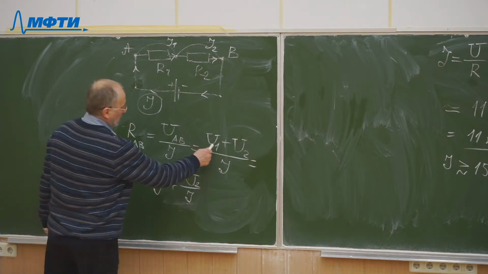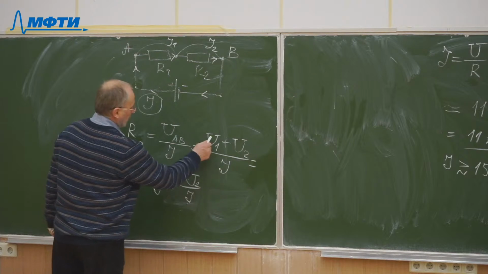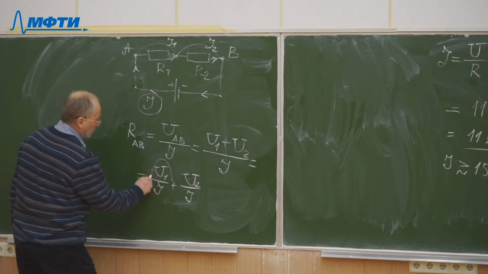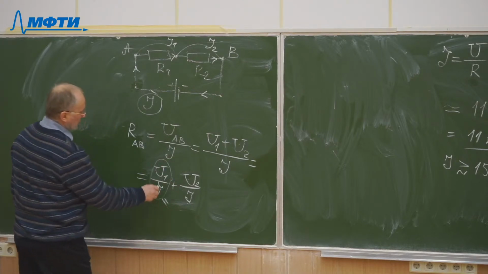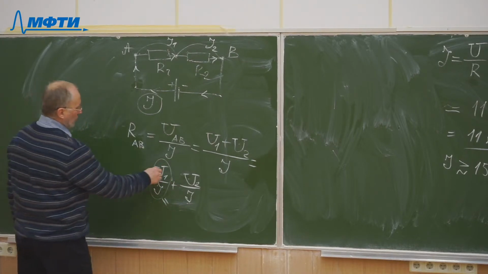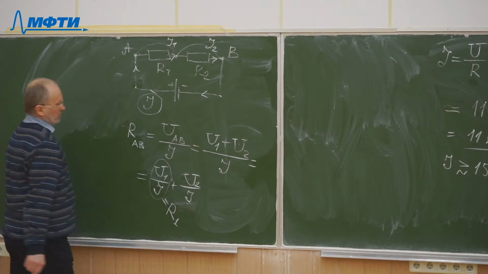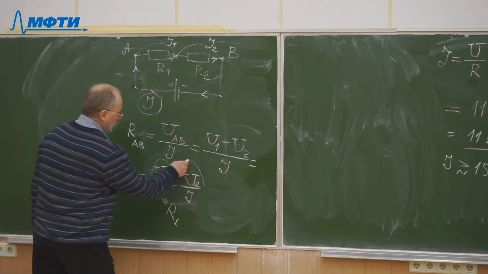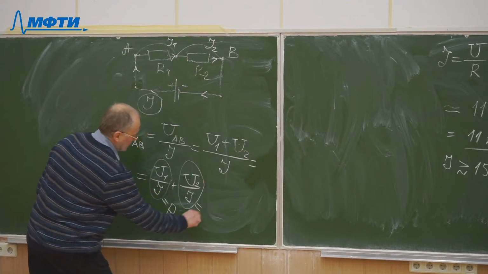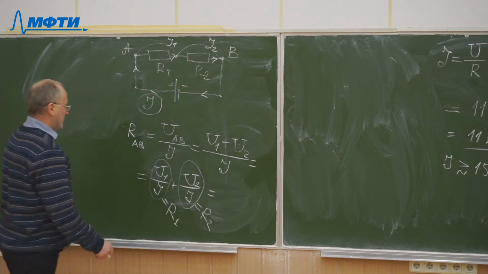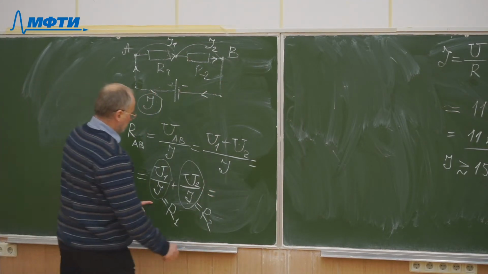So if we write this fraction in this way, we can divide the first additive here and the second term here, and then we obtain the first term, which is certainly, due to Ohm's law, equal to resistor R1. And the second term in this expression, due to Ohm's law, equals the resistance of the second resistor R2.